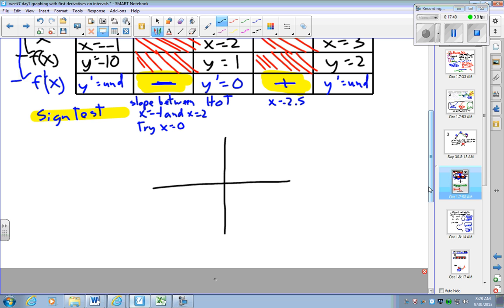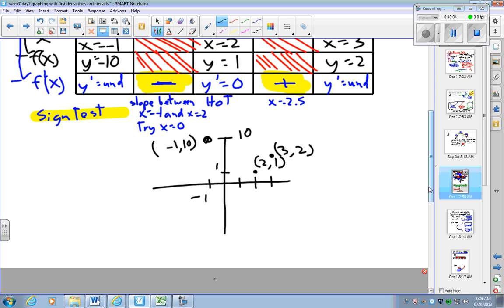So I have at negative 1, it's at 10. At 2, it's at 1. So this is 2, comma 1. This is negative 1, comma 10. And at 3, it's 2. 3, comma 2.